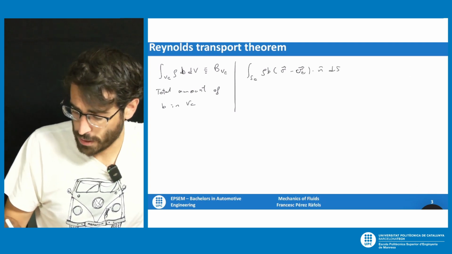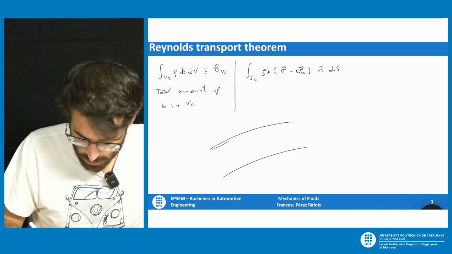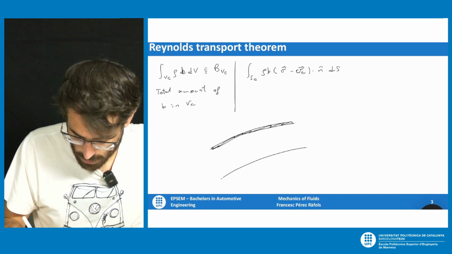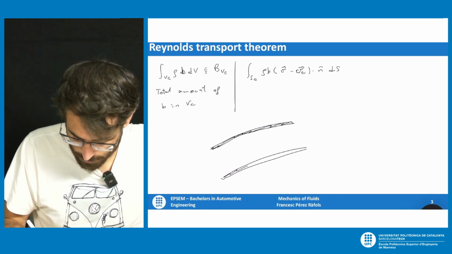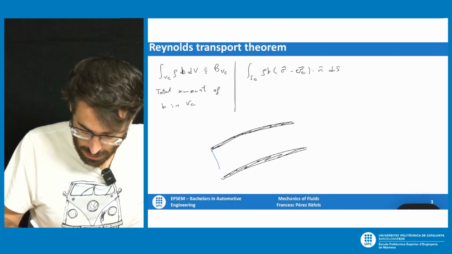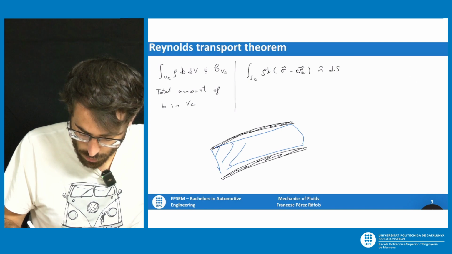And now say that we have a tube like that. Say these are solid walls. Here as well. And we're basically having our fluid here, and that's our control volume.